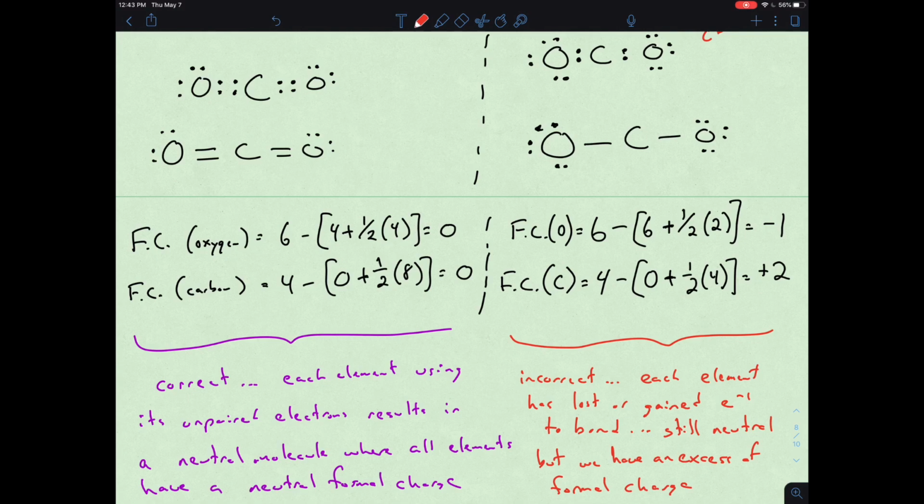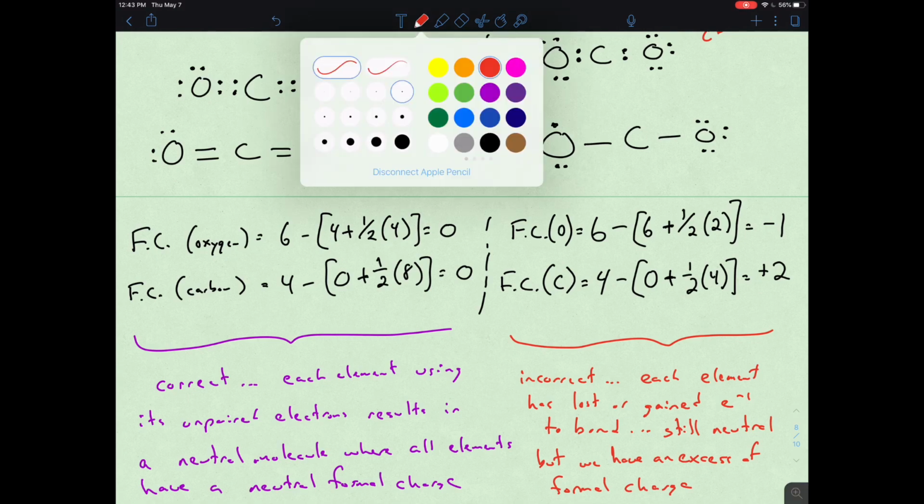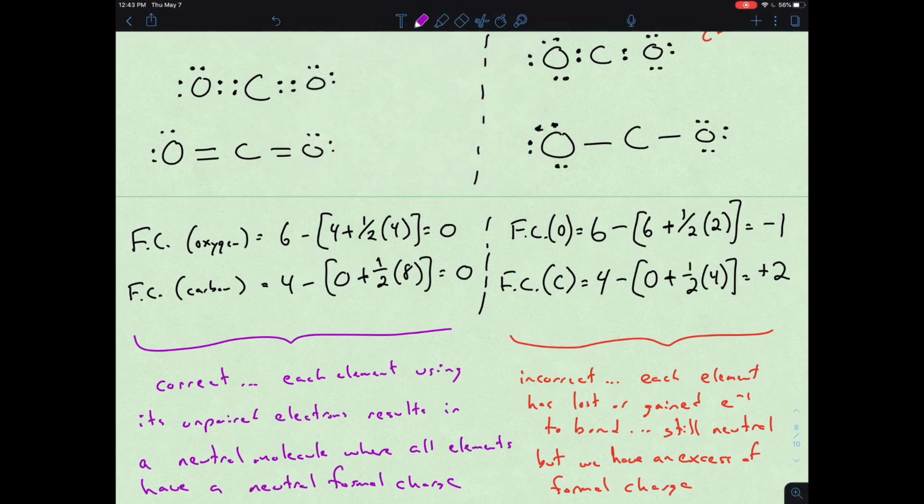And so if we go back to the structures at the very top here, we find that this molecule is neutral, right? Each one of the oxygens has 0 for that formal charge, for the oxygens and the carbon.